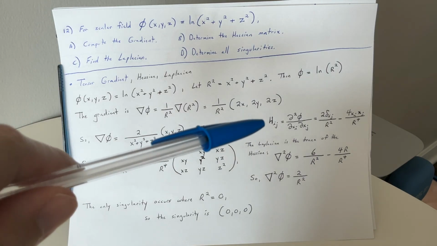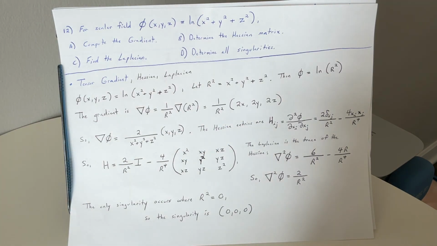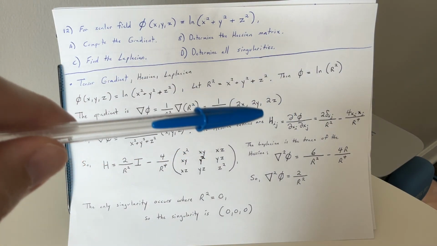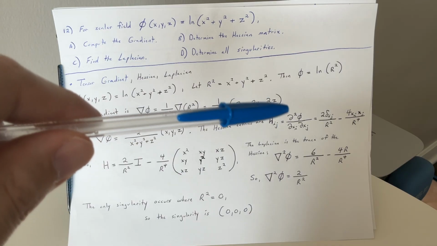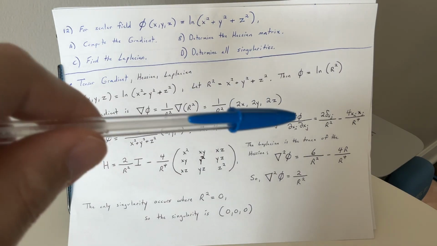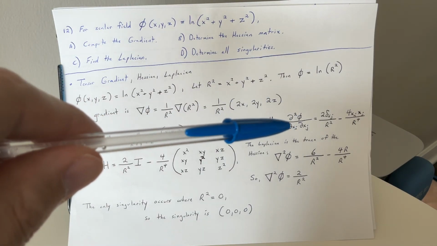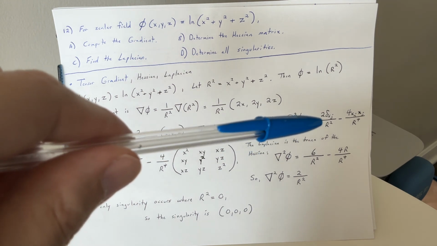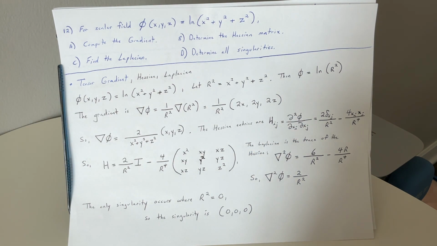And the Hessian entries are h sub ij, which equals the second partial of phi over the partial of x sub i, x sub j, which equals 2 delta sub ij over r squared minus 4 x sub i x sub j over r to the 4th.